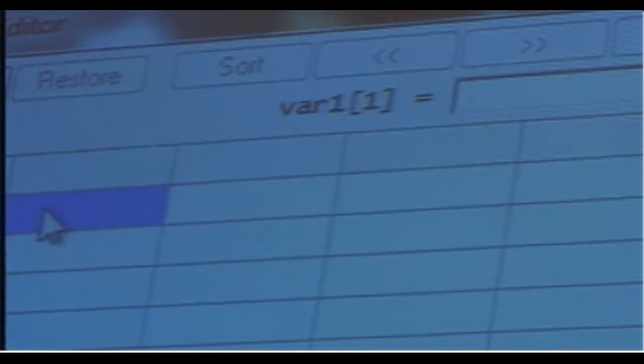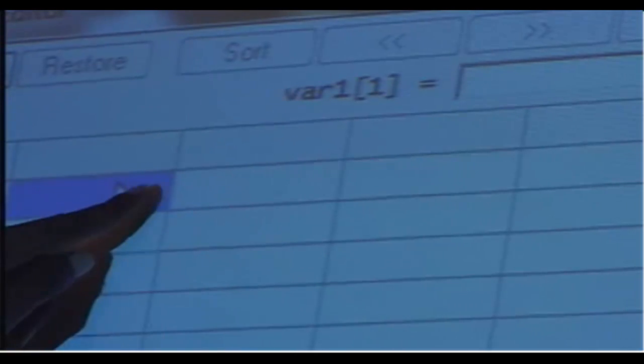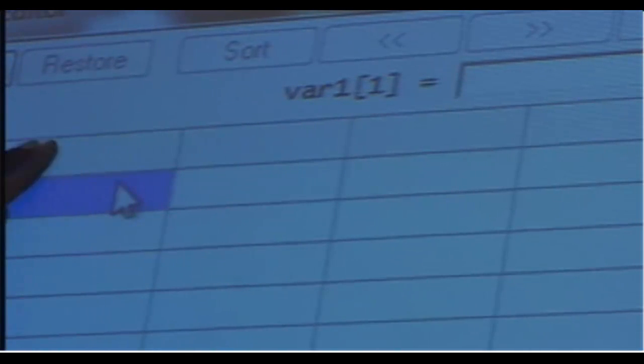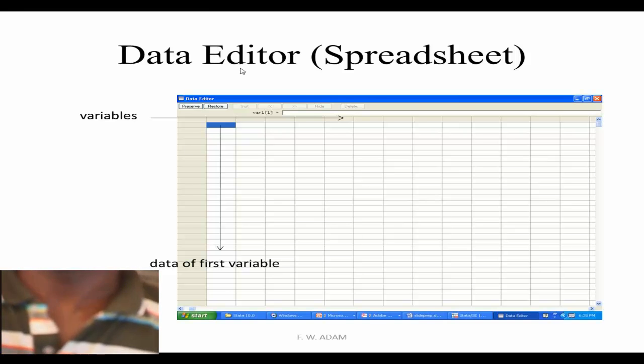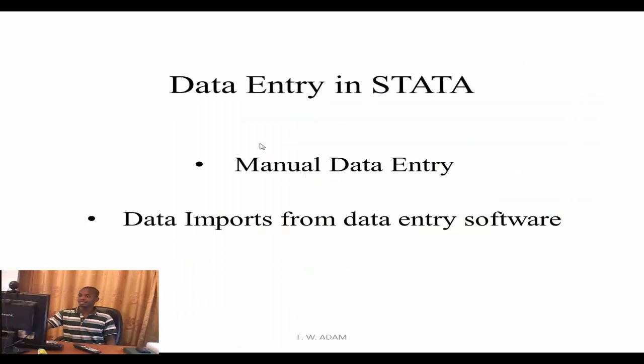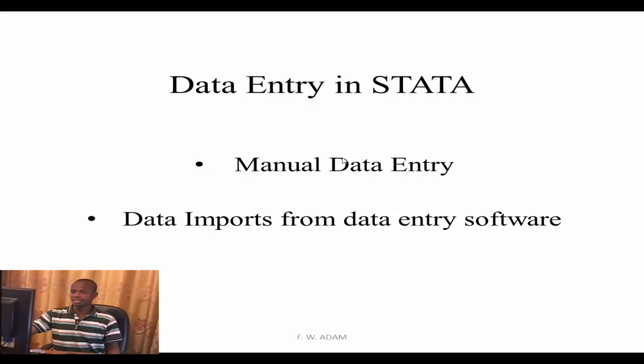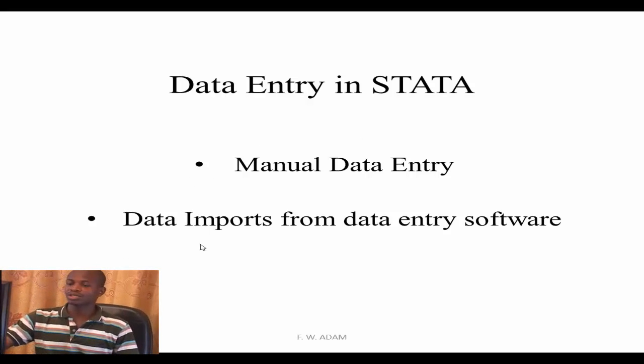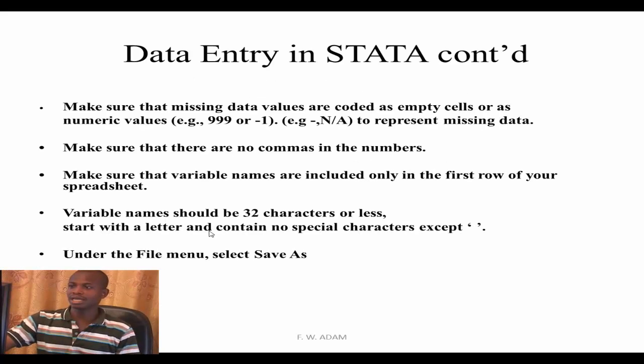Type something in the first column, and that will be your first data. For instance, if your variable name is sex, you enter your variable names in the very first row, and then you enter your data in the columns beneath your variables. There are two types of data entry, as in SPSS. You do data entry manually. You can also import data from any data entry software.